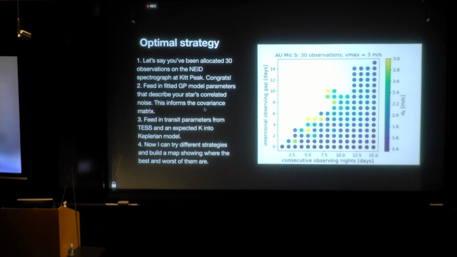And then finally, we produce plots like these for users, where the x-axis is the number of consecutive observing nights, and then the y-axis is the intentional observing gap. So 5, 1 would be 1, 2, 3, 4, 5, 1, 2, 3, 4, 5, and so on. And so blue is good, yellow is bad.